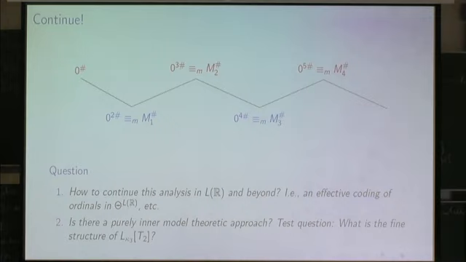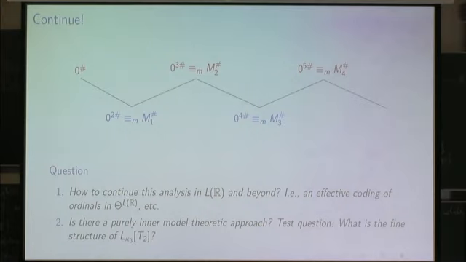So our final picture is this zigzag picture. It resembles Moschovakis's periodicity of order 2. We start from 0 sharp, and the next level is 0, 2 sharp, which is effectively equivalent to the mouse M1 sharp.